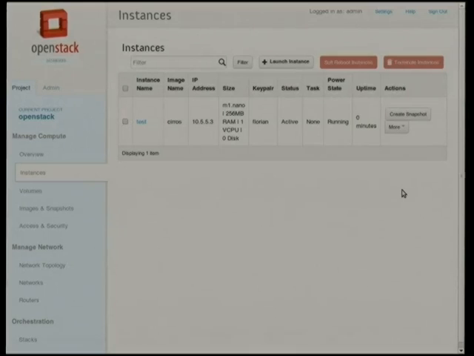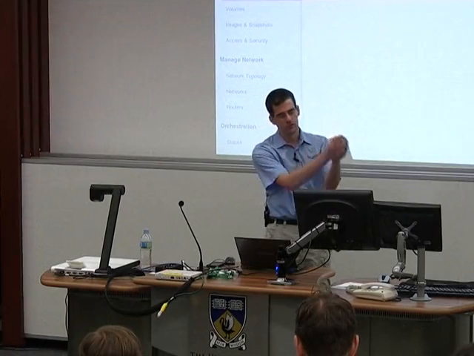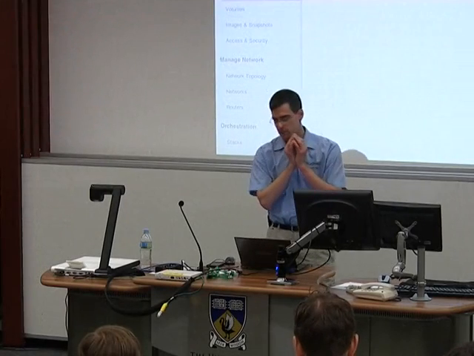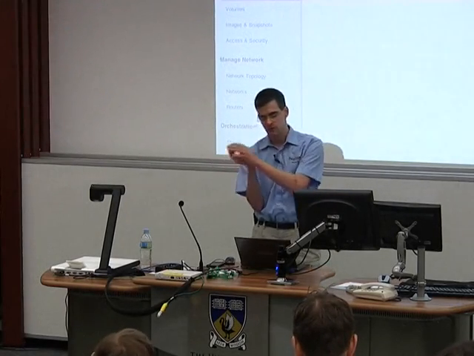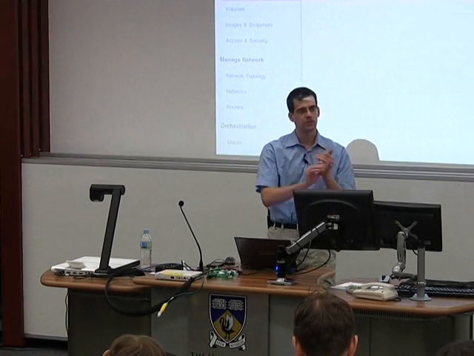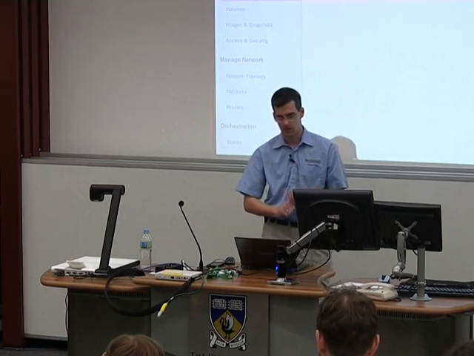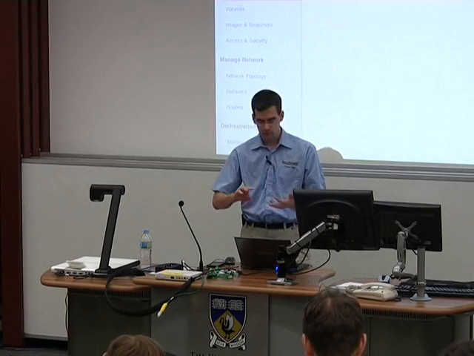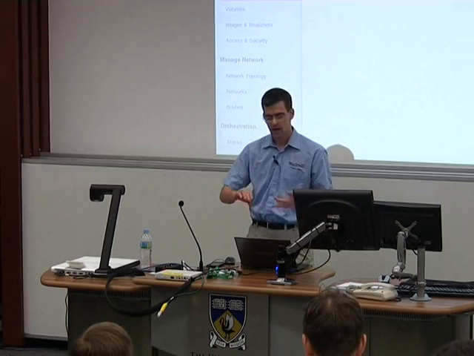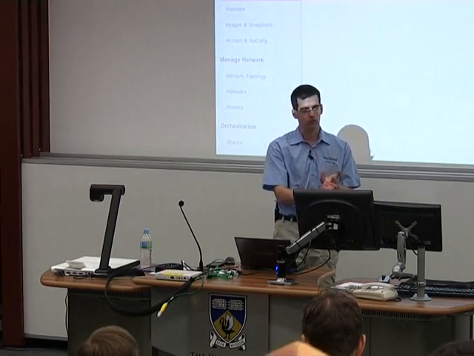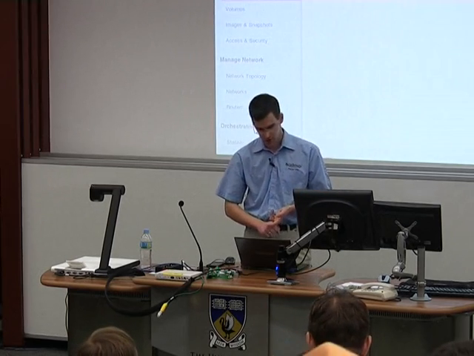What then happens once the guest has been scheduled for a specific Nova compute service, it is spawned there, which means the image is fetched from Glance, the OpenStack image service, is then placed in a local cache, and then we create a new virtual machine off of that image.